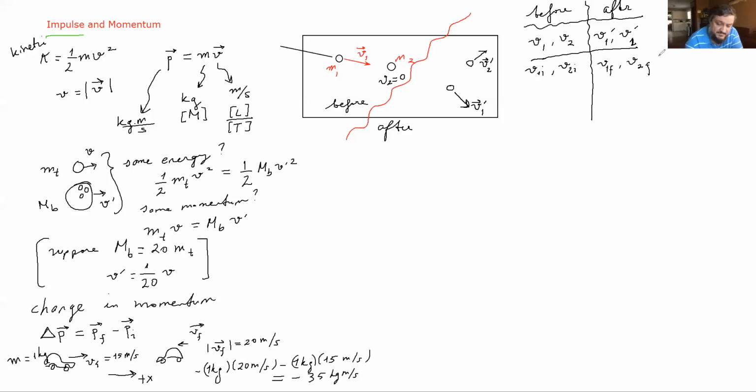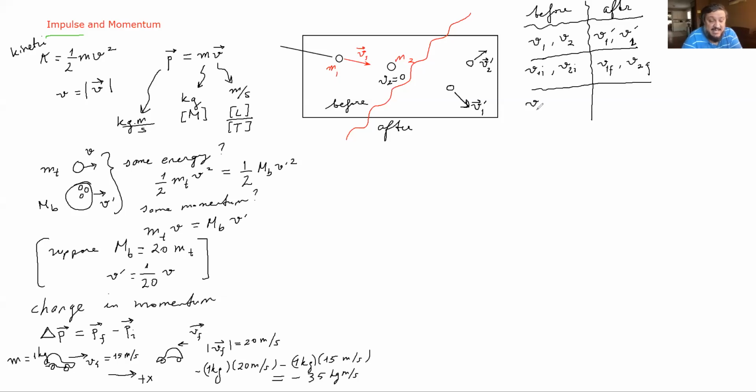And some books, not very common, but they do it, use the numbers 1 and 2 for before and after. Then how are you going to name the objects?